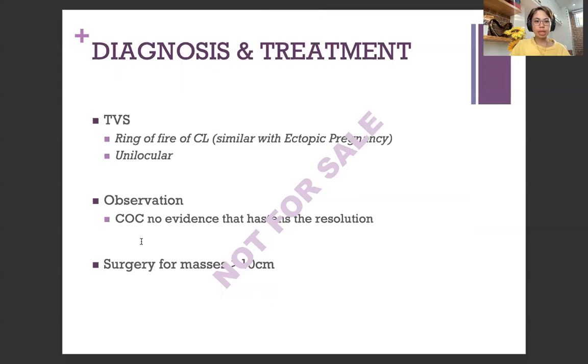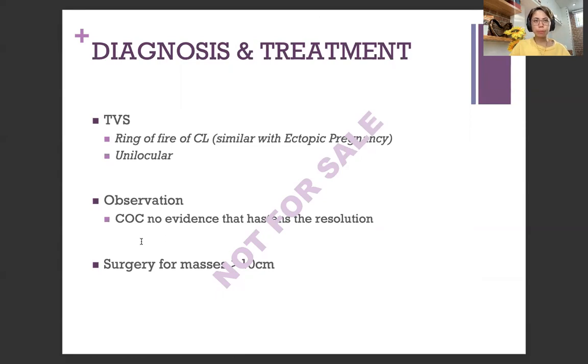Okay, as I said, ring of fire, unilocular, COC, there's no evidence to give the COC. Unlike functional cyst, others give OCPs for 4 to 6 months to regulate the GnRH stimulation, gonadotropin release, influence in the ovaries.